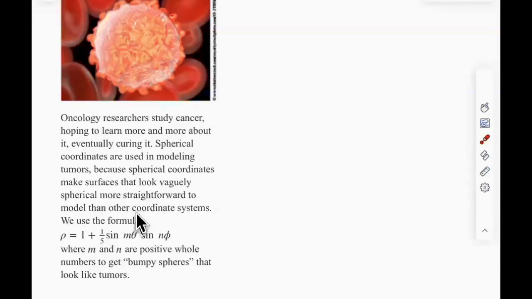And we use the formula rho equal to 1 plus 1/5 sine of m theta times sine of n psi, where m and n are positive whole numbers, to get bumpy spheres that look like tumors.